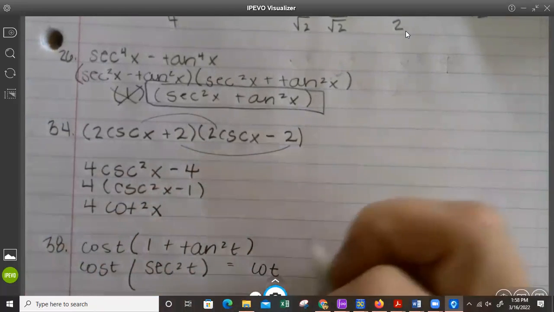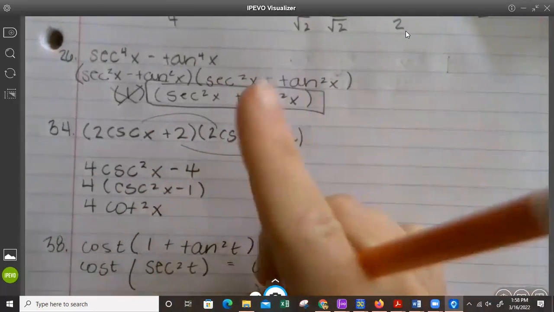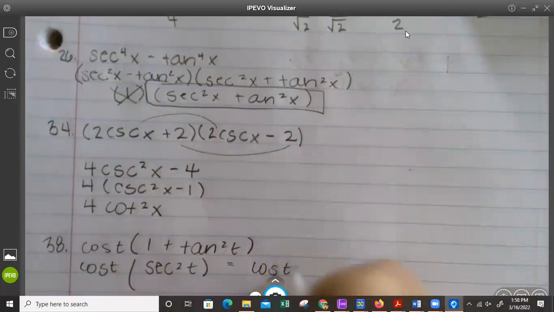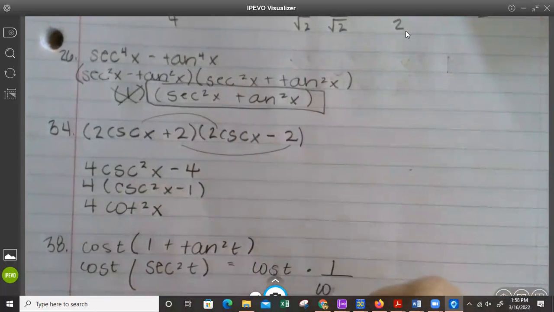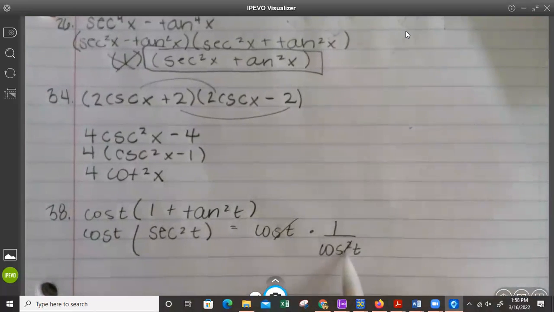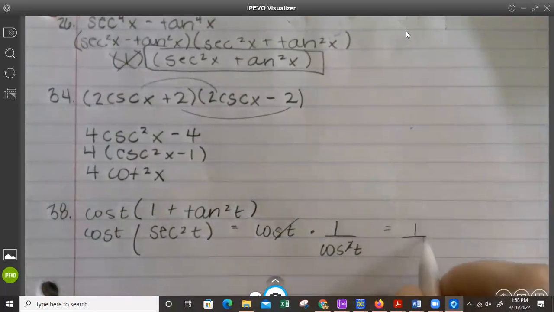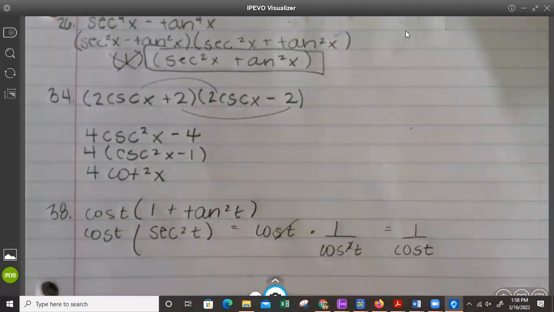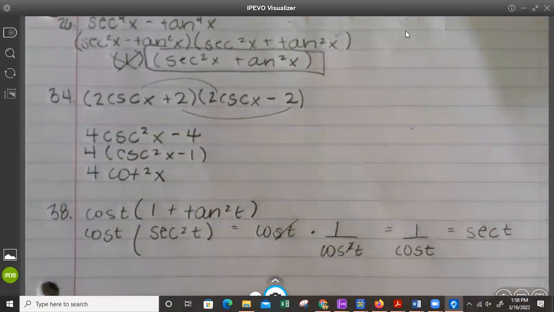What is secant? So we actually have 1 over cosine squared t. What do you notice? One of the cosines will cancel out. Now we're left with 1 over cosine t. What is 1 over cosine t? What's that?